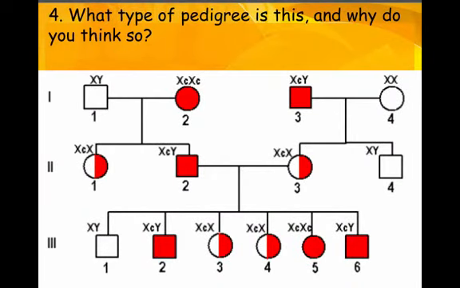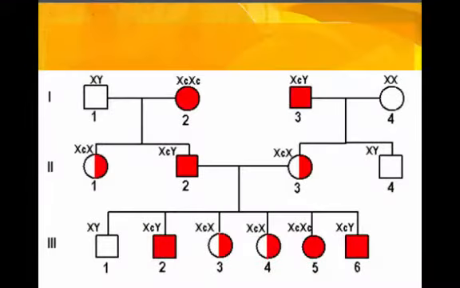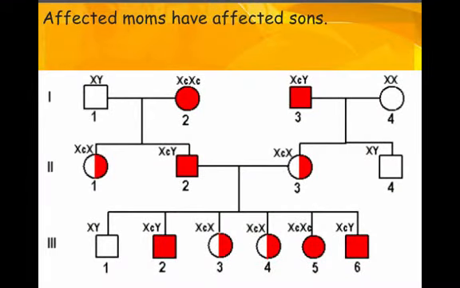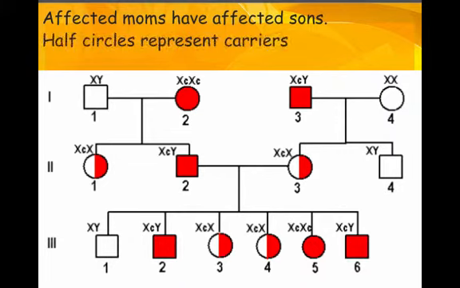What type of pedigree is this, and why do you think so? Affected moms have affected sons, and half circles represent carriers, in other words, heterozygous individuals who carry the trait. They don't express it but could pass it on to offspring.